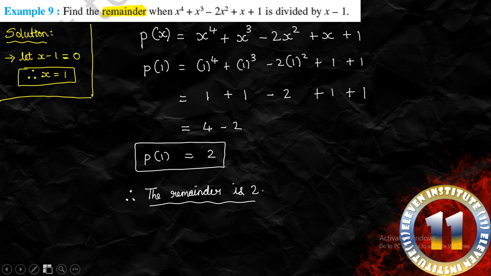Now, it is not asked, but still we will clarify everywhere. Here the remainder is not 0, just for knowledge. So we can say that x minus 1 is not a factor of this polynomial. That is just from a knowledge point of view.